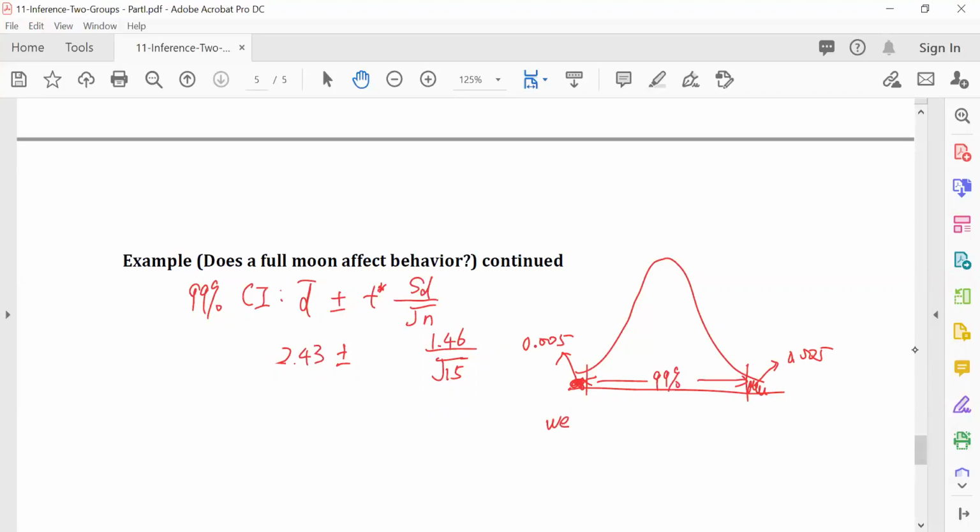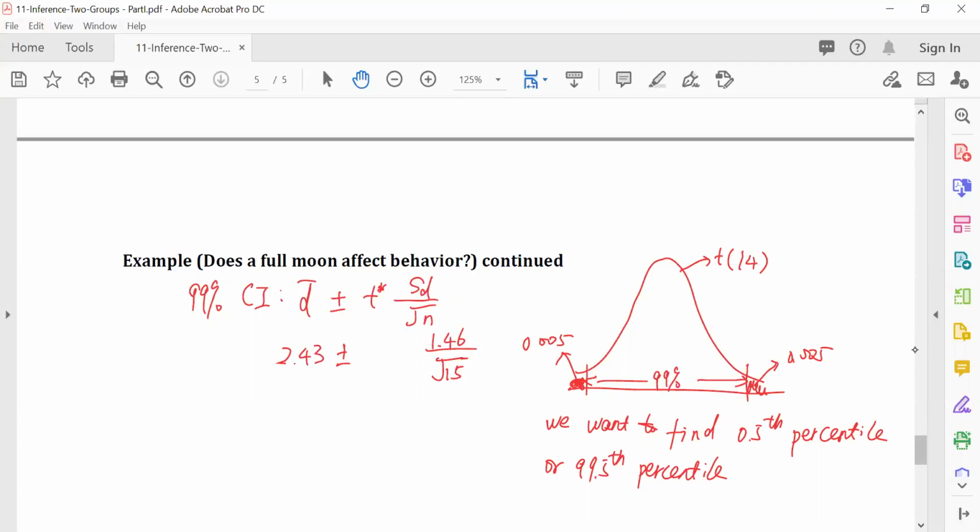So we want to find the 0.5th percentile or 99.5th percentile for a t distribution with degrees of freedom equal to 14.